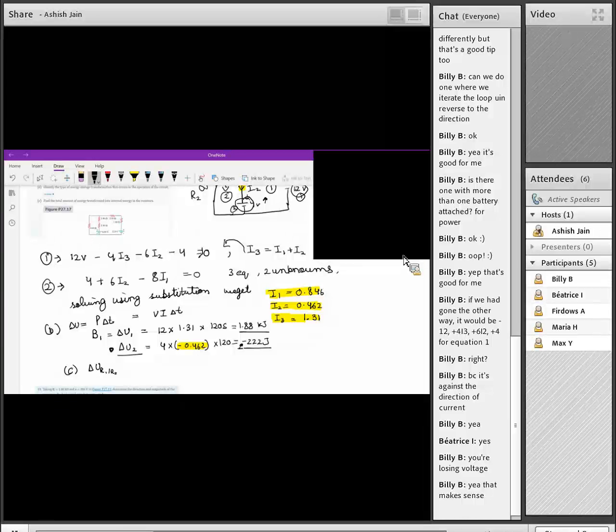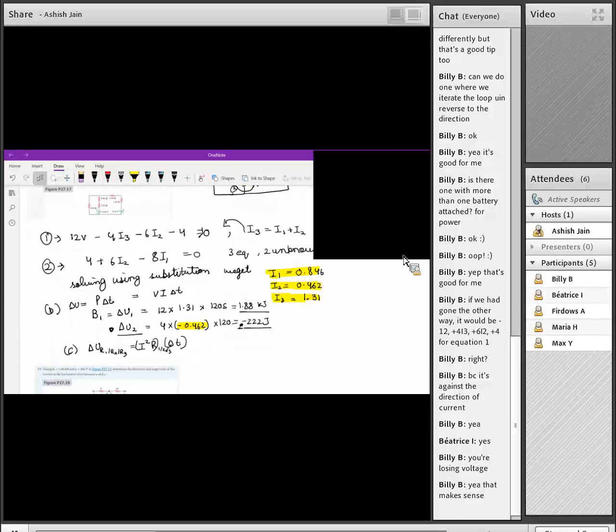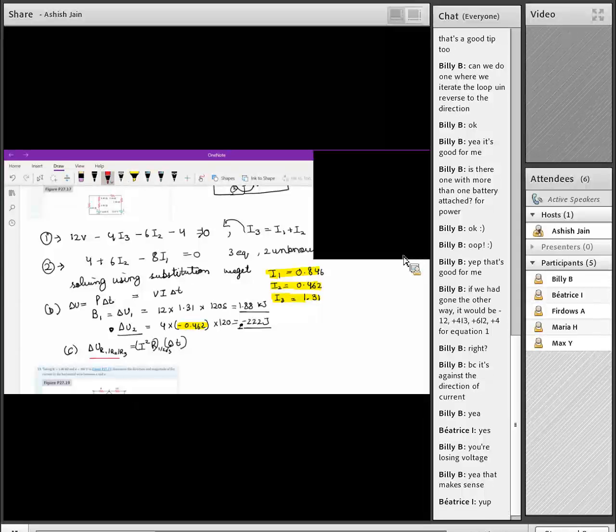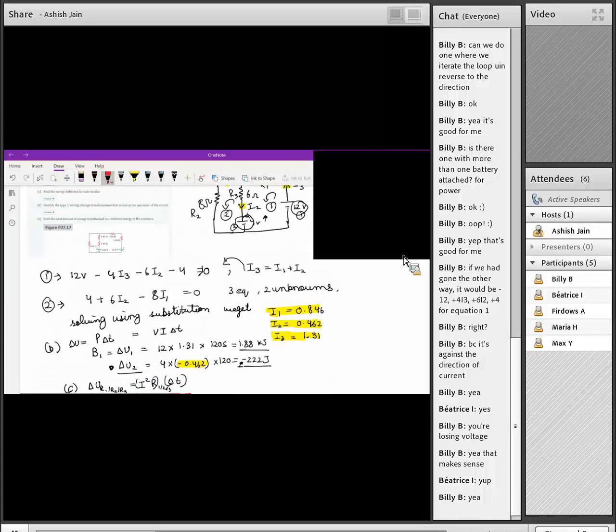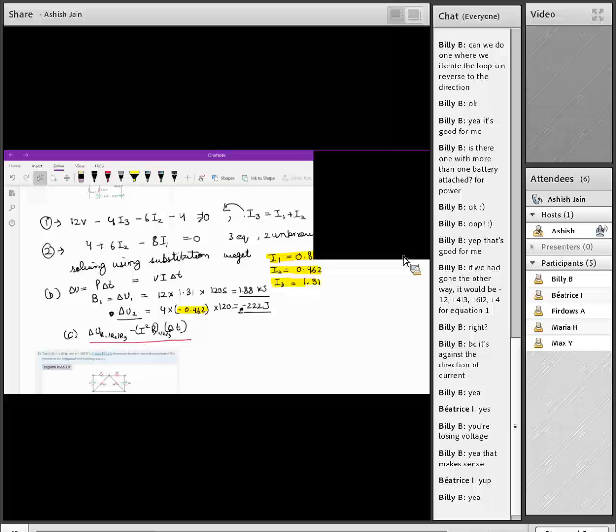The energy is I squared R times delta T. So I1, I2, I3, R1, R2, R3 and delta T. Does this make sense? If you want to find the energy delivered to resistor number 1, you say I1 squared into R1 into delta T. And delta T is 120 seconds. Okay.